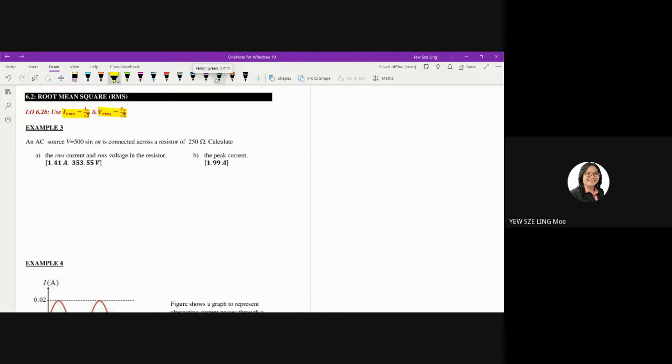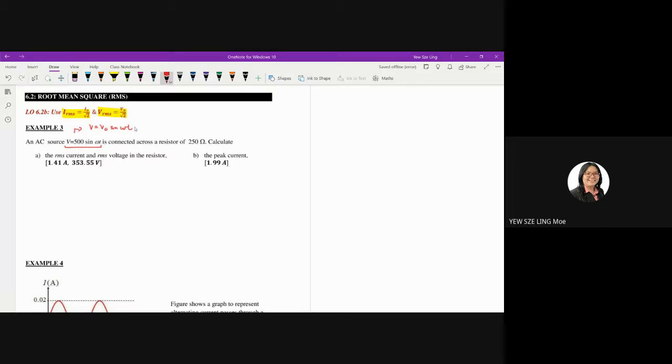So example 3. Now you have an AC source where V equals 500 sine omega t. So you are given an equation. Whenever you are given an equation like this, what should you do? Always compare it with the general equation, V equals V naught sine omega t.